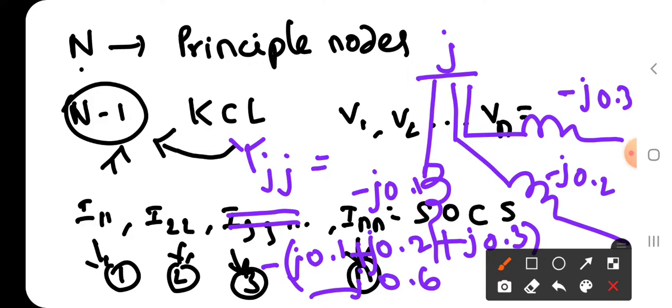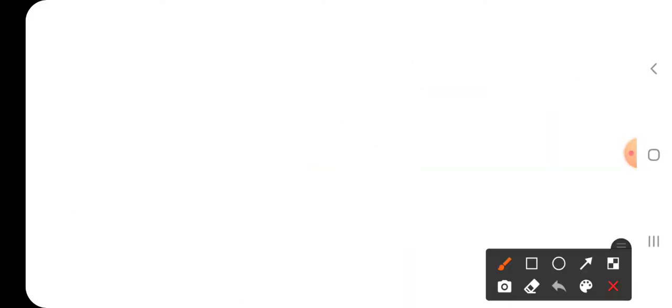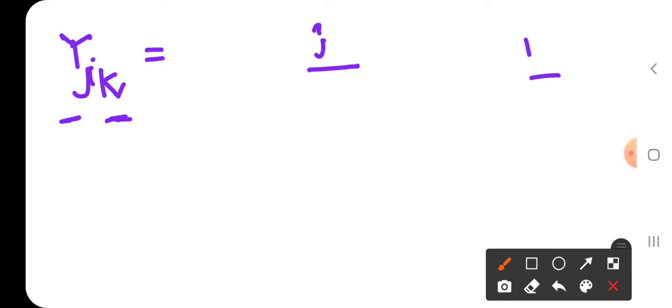Yes. Next one. What do you mean by YJK? Here I take one more element, that is YJK. YJK is the negative of the sum of admittances connected between node j and node k. For example, this is node j, and this is node k.